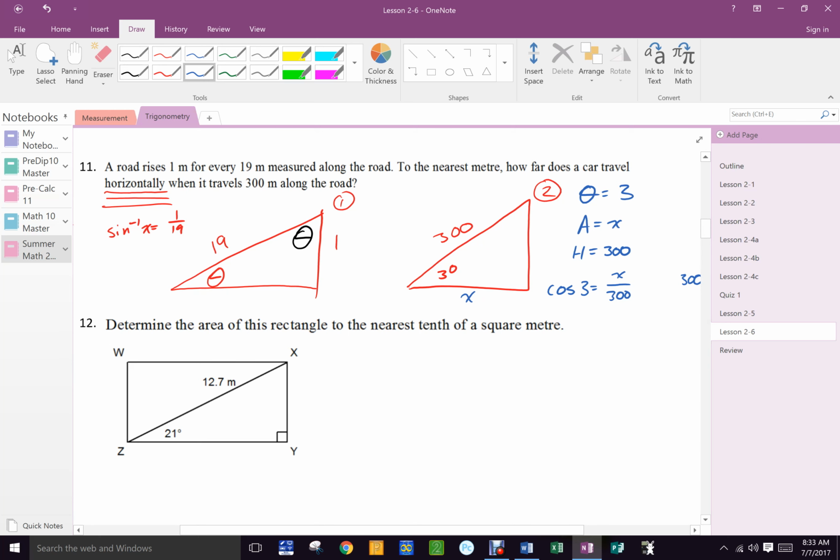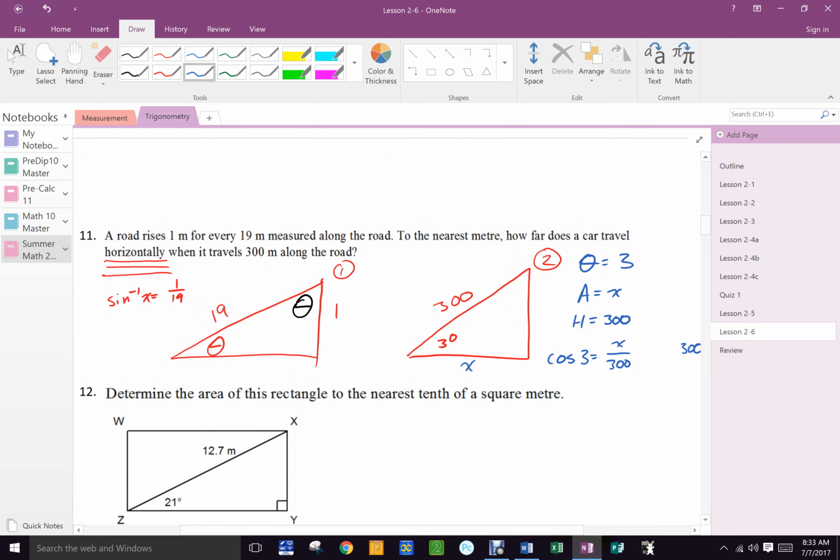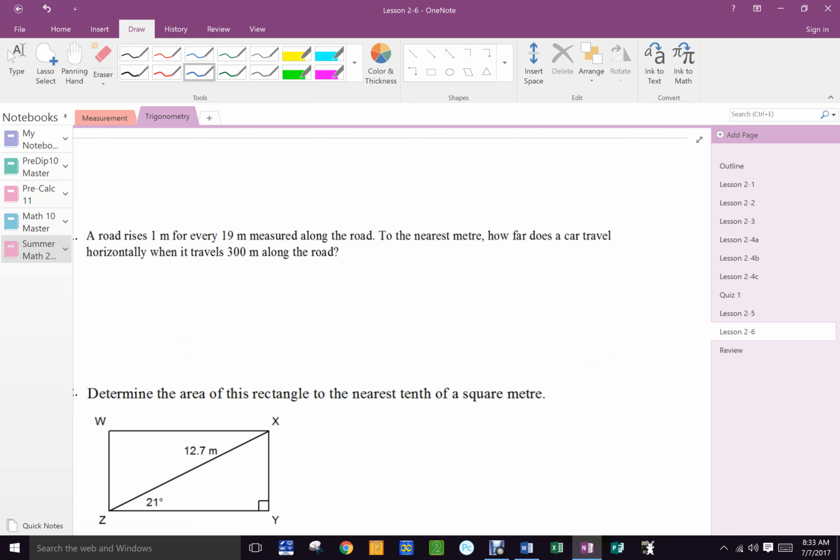There's another way to solve that question too. I'm going to take a moment to show you it. You do not have to write down what I'm about to do if you do not wish to. Those are similar triangles, aren't they?